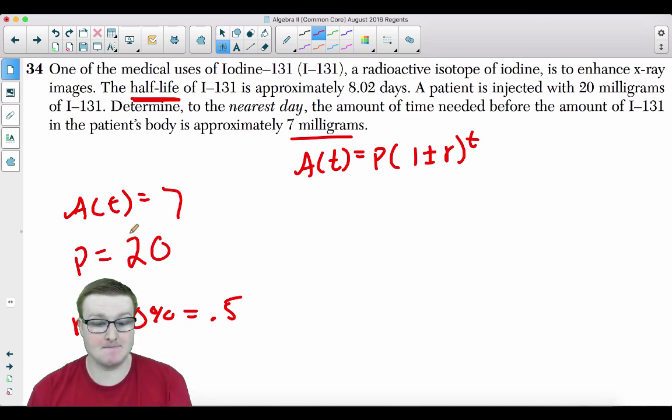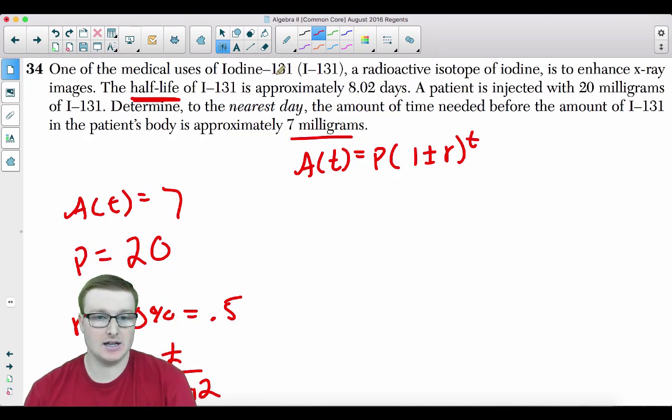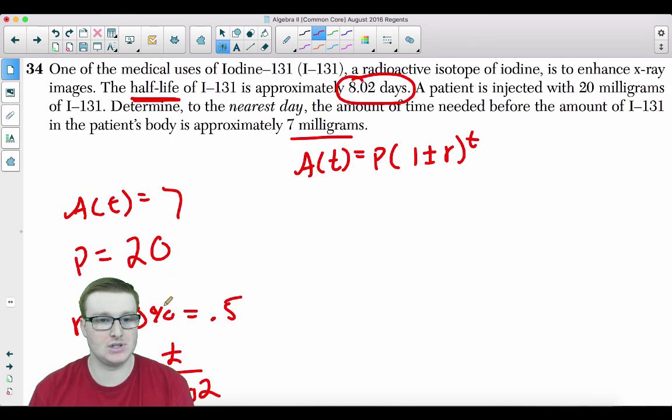The amount of time is actually t divided by 8.02, because it's saying here that the half-life is approximately 8.02 days. So what we're doing is we're taking the amount of time and dividing it by the 8.02 days to express it to the nearest day.